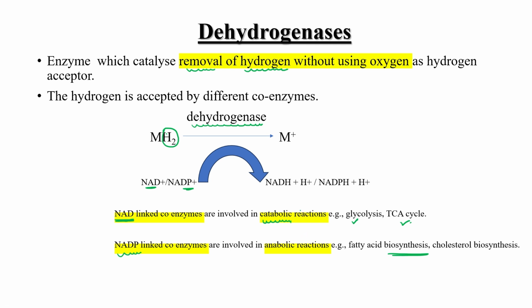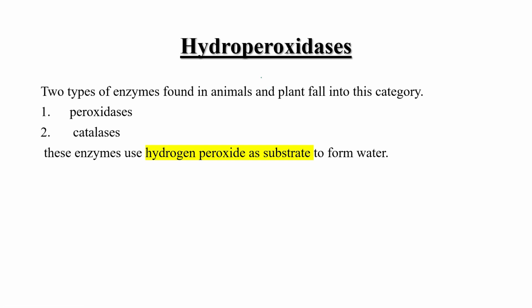So what is the main use of dehydrogenases? Removal of hydrogen without using oxygen as the hydrogen acceptor. The hydrogen acceptor present over here is not oxygen; it is either NAD or NADP. Clear? Next type, hydroperoxidases.